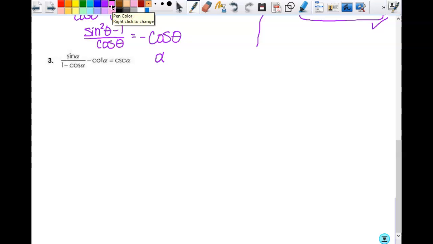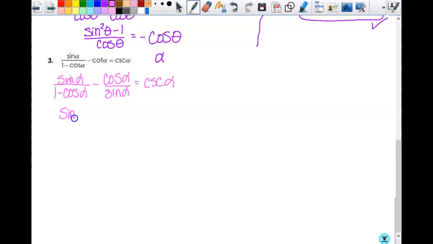So when I do that, I'm going to make this into the quotient. So sine alpha over 1 minus cosine alpha minus cosine alpha over sine alpha equals cosecant alpha. So now I need to get a common denominator. So this first one, I'm going to have to multiply by sine over sine.